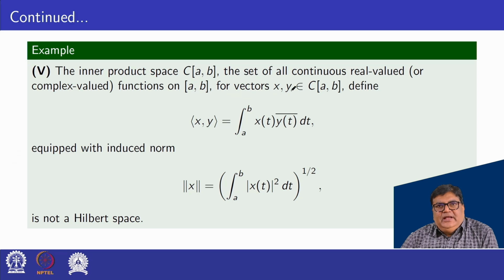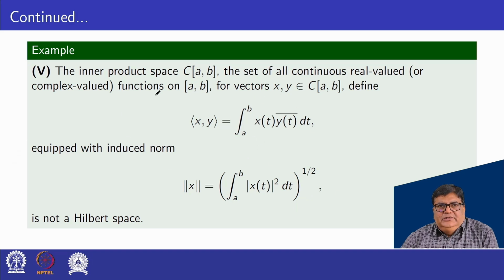For vectors x, y belonging to C[a, b], define the inner product of x, y equal to the integral from a to b of x(t) times the complex conjugate of y(t) dt, equipped with the norm: norm of x equal to the square root of the integral from a to b of |x(t)| squared dt. Here in the inner product, if we take y equal to x, then norm x squared is equal to this, that is, norm x is equal to the square root of this integral.